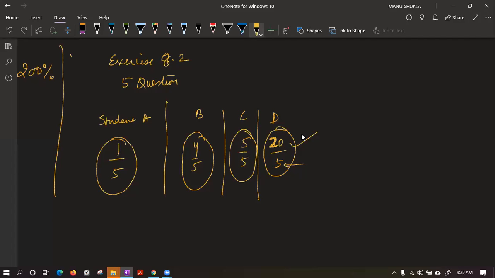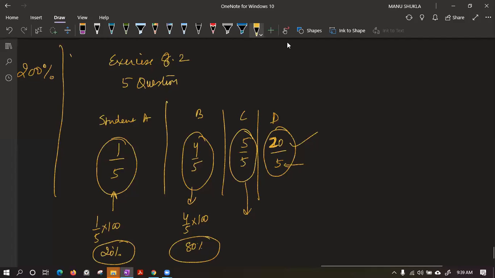Very good. So we can find the percentage. Student A has done how much work? 1 by 5 into 100, that is 20% of work. Student B has done how much work? 4 by 5 into 100, that is 80% of work. Now I understood by Bani. Very good. Sir, D is me. Ha ha. Okay. 5 by 5 into 100, this is 100%, and this D is doing extra.